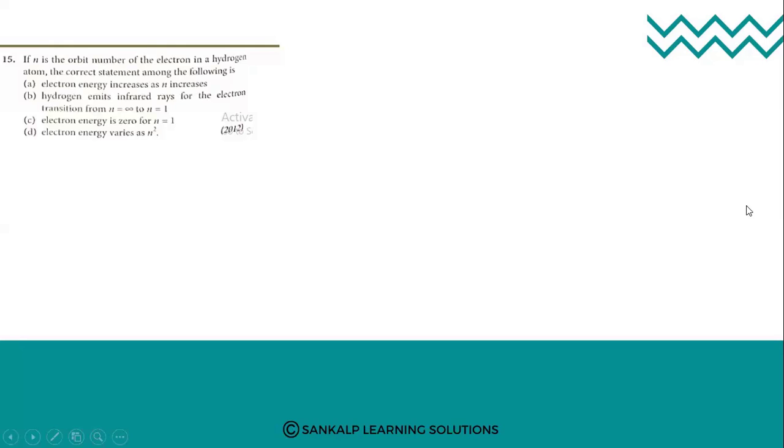Electron energy is 0 for n equal to 1 and it varies as n square. Yes, option A is the right answer.